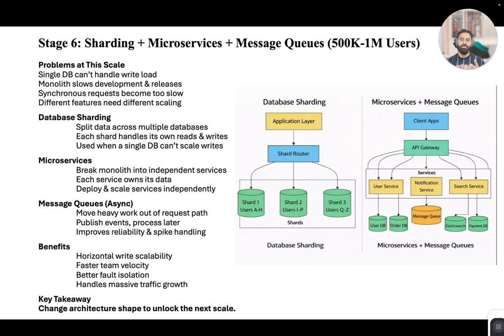So what is a microservice? A microservice basically splits the app into independent services, and each service has its own data, deploys independently, scales independently, and also uses the best technology for its job.